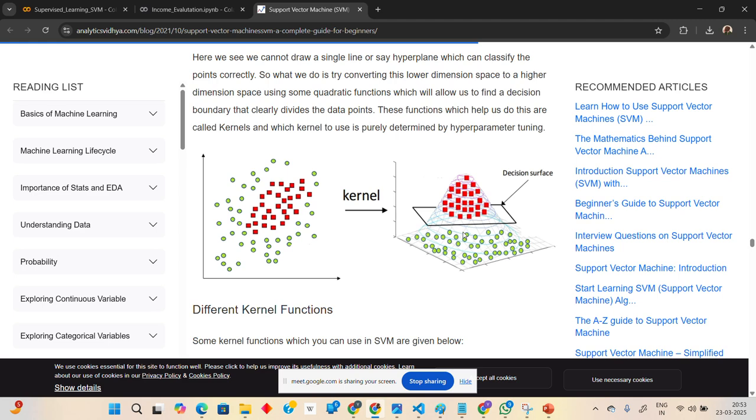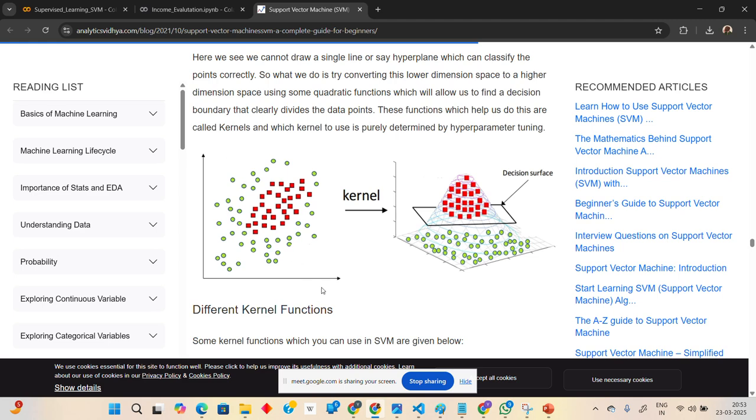No. Whenever you see this type of thing, where the values are clubbed and cannot be separated linearly, we cannot perfectly draw that hyperplane.